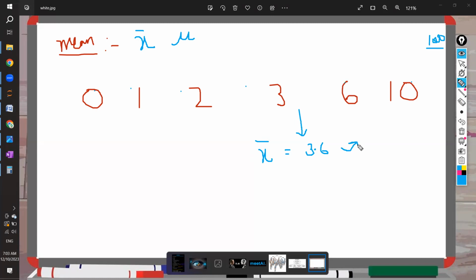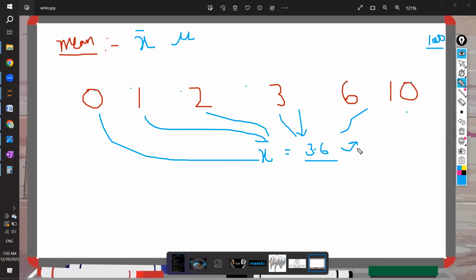But after that, it's also our responsibility to look at how much each number is varying from this 3.6. How far is 0 from 3.6? How far is 1, 2, 3, 6, 10 from 3.6?